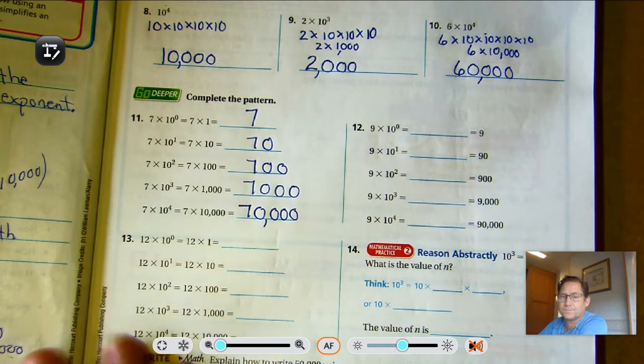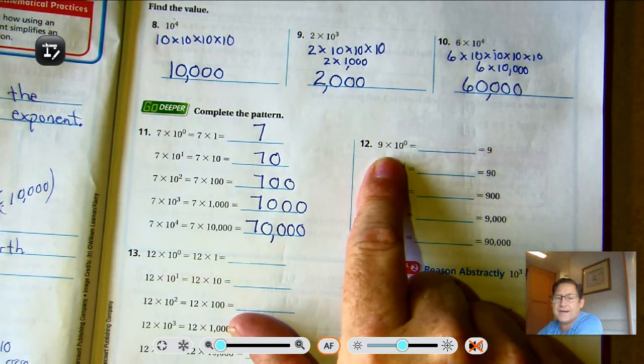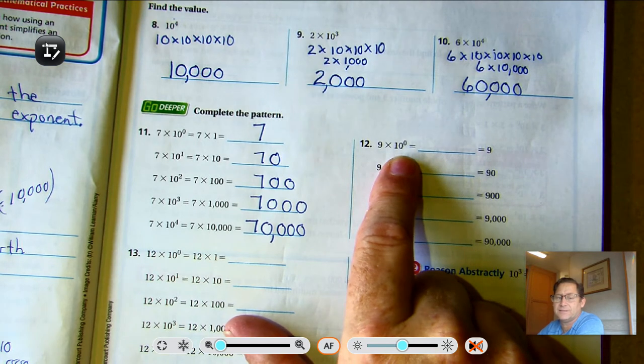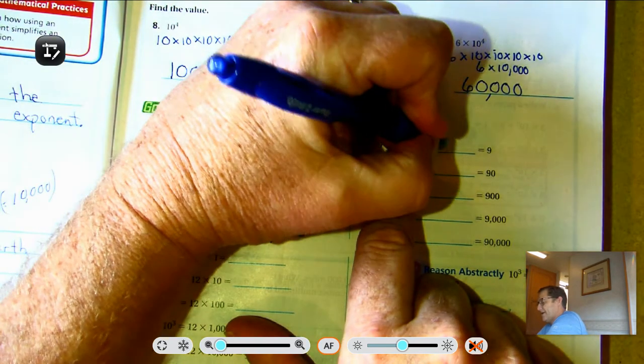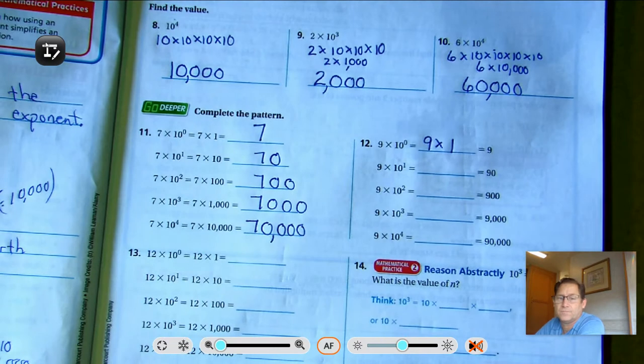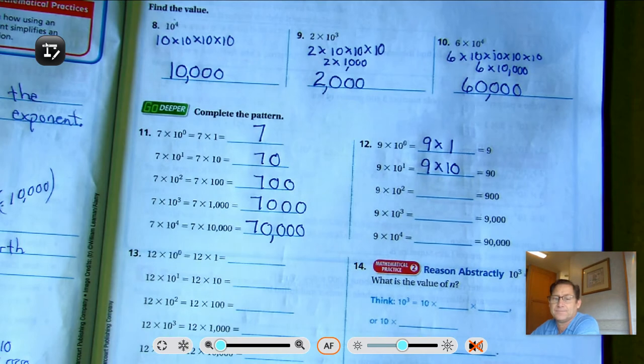Number 12. So what's another way of writing 9 times the 0 power of 10? Well, we know that the 0 power of 10 is just 1. So that's the same as saying 9 times 1. 9 times the first power of 10 is 9 times 10.